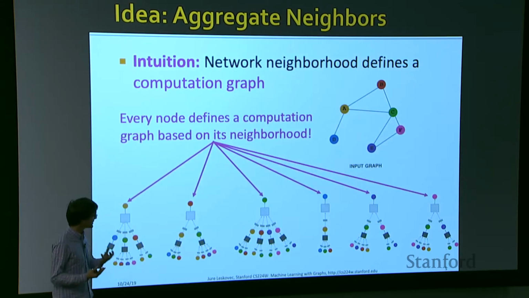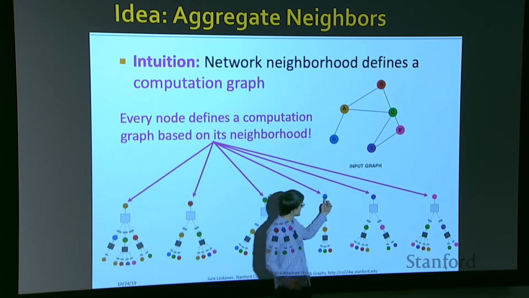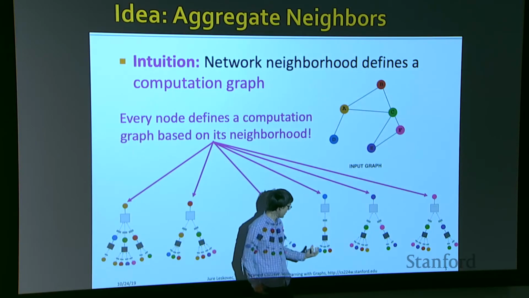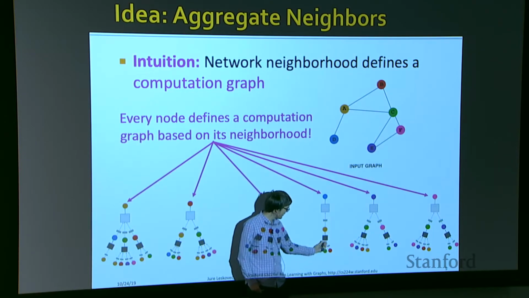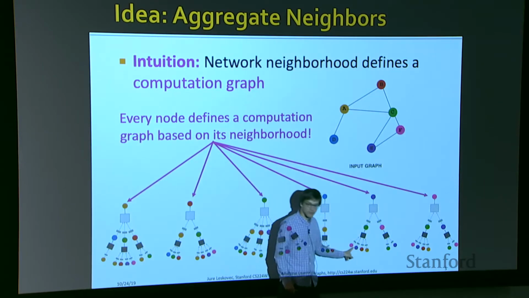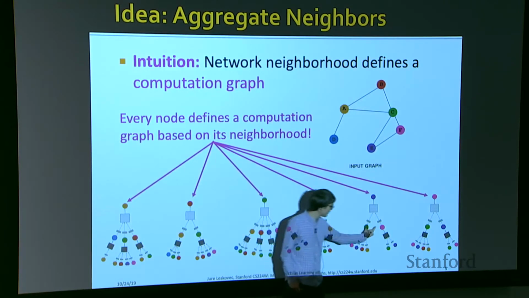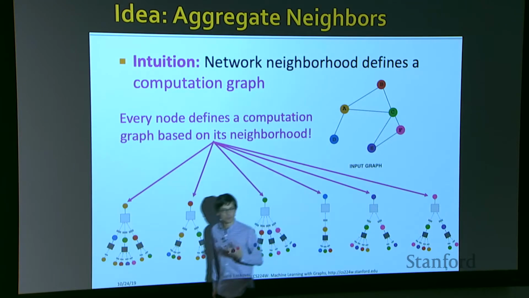So if you want to distinguish this node and that node, and you don't get any information from the features of the node, then when you are aggregating, you should remember that there are 3 nodes here while there are 4 here. And at this level, we should be able to capture that here we are aggregating from 1 node, and here we are aggregating from 2 nodes, for example.